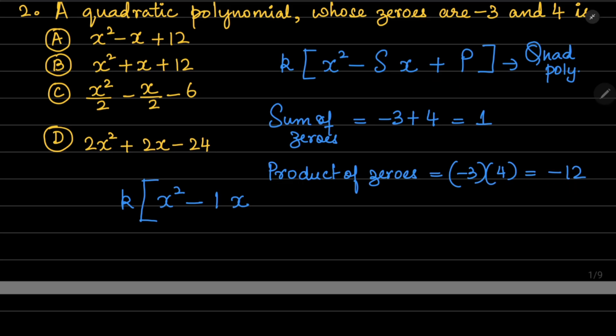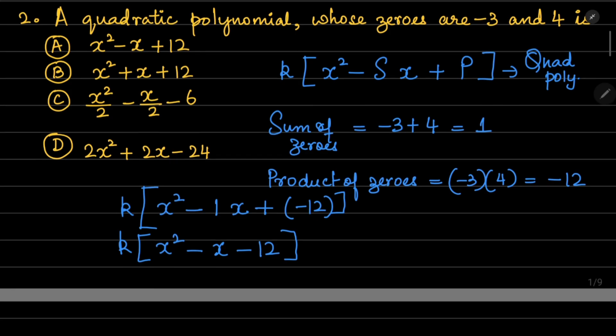So I am going to write plus and then minus 12, and in the next step I'll make it. So k multiplied by x square minus x minus 12. This is your required polynomial. Right? So when k is equal to 1, you will have x square.